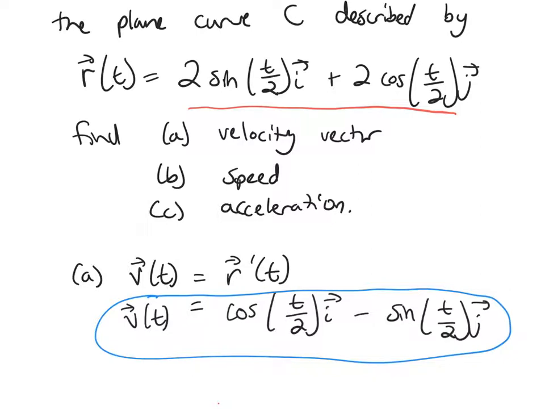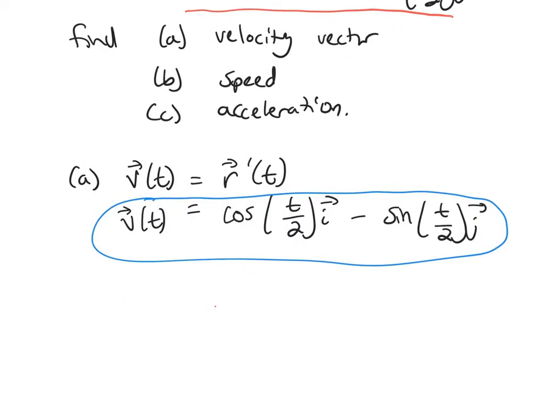Now let's find the speed, was the next thing I needed to do. So to find speed, what do we need to do? We need to find the magnitude of our velocity vector.